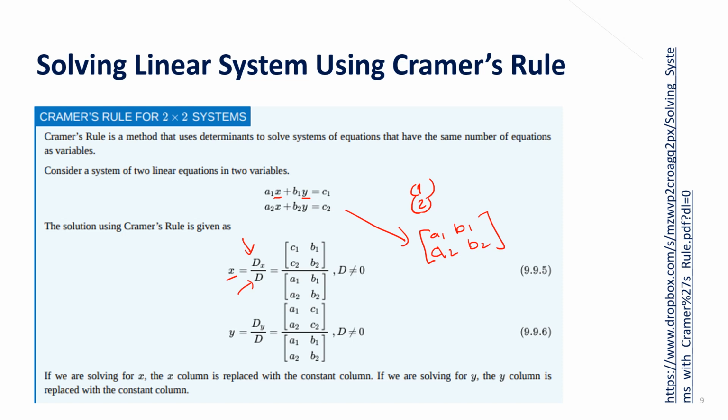Okay, and then you will multiply it by x and y, and then it will be equal to C1 and C2, right? Okay, let's go back to the formula of how to find the value of x.